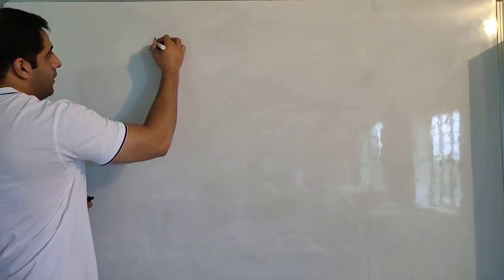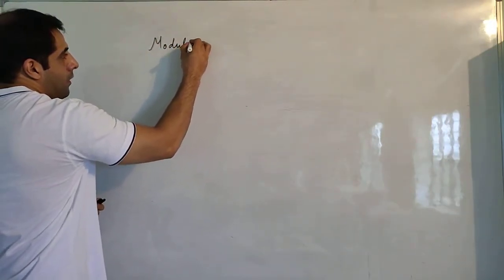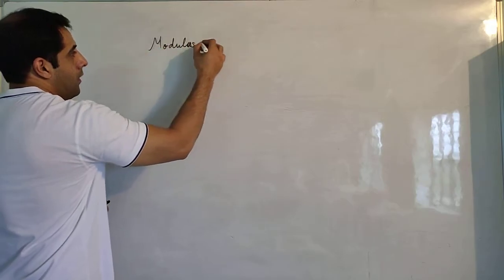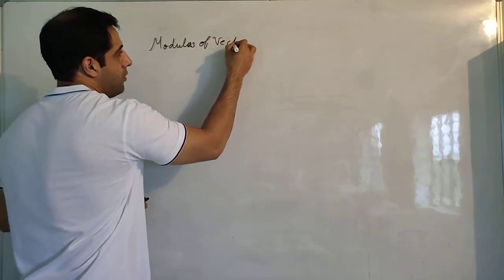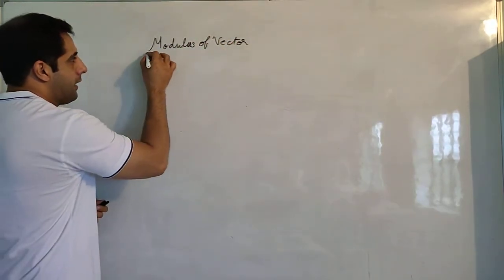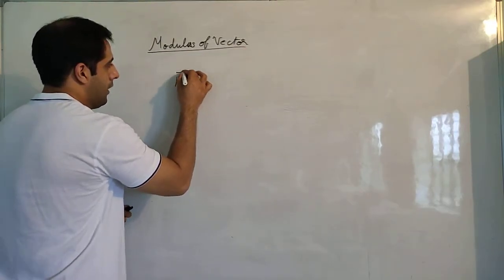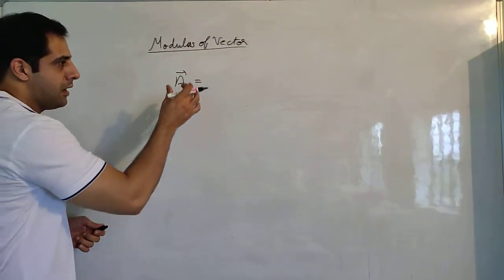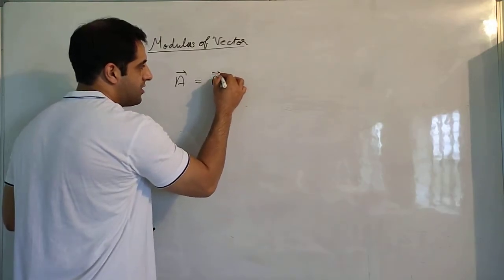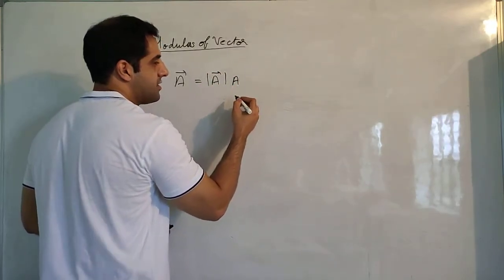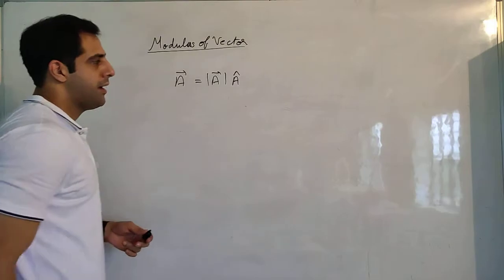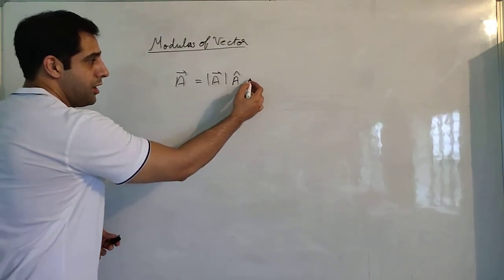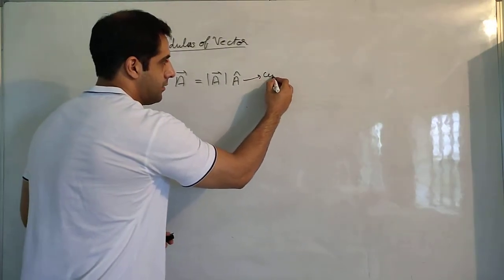Now next is modulus of vector. Any vector A is defined as the product of its modulus and its direction. Now direction is given by this. This is the unit vector. We are going to discuss it later.